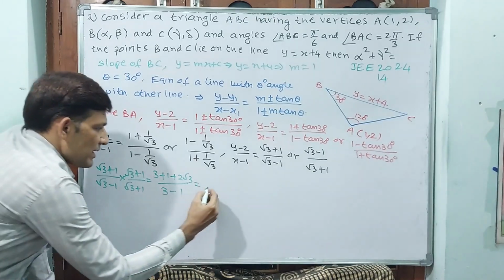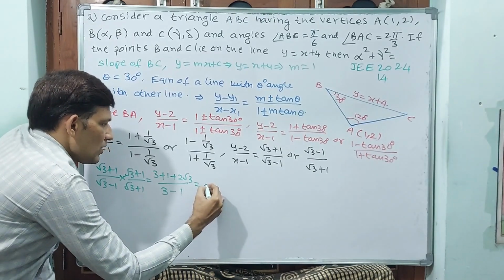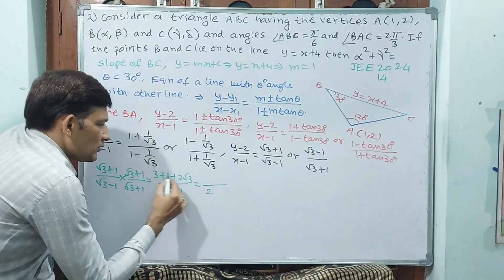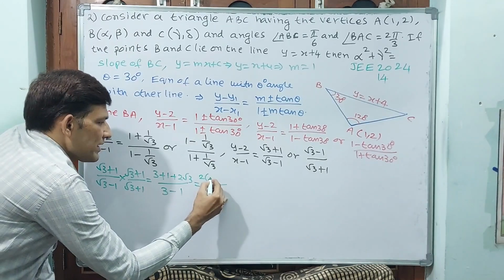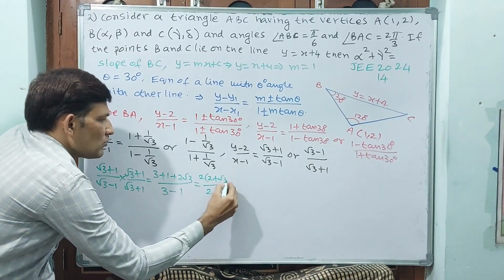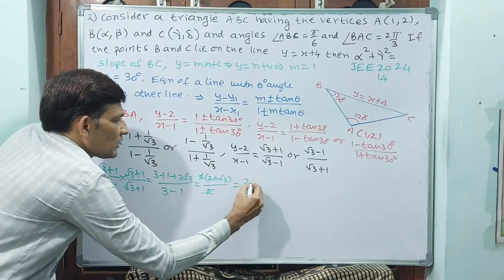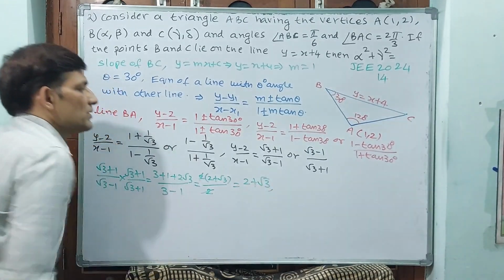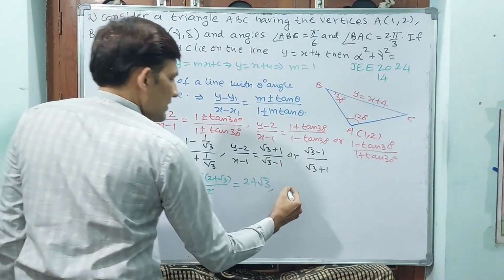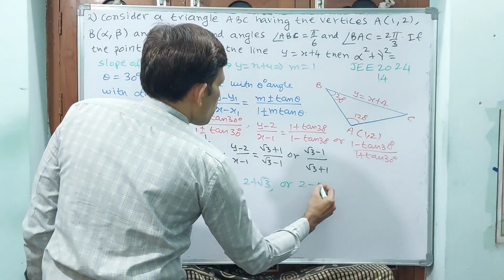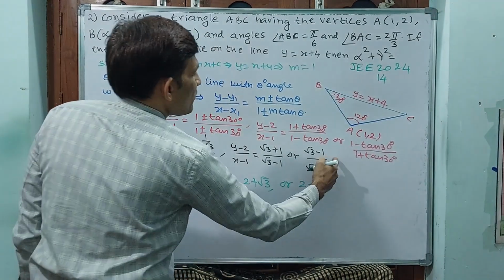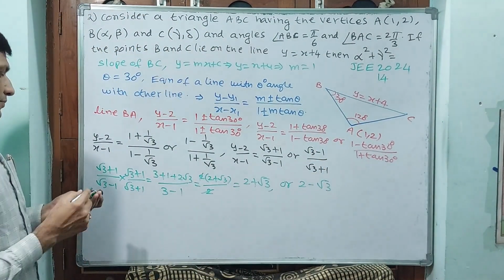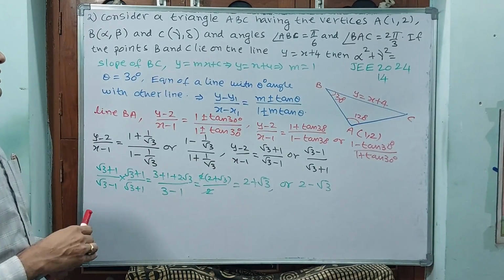That is equal to, see, 3 minus 1 is 2 in the denominator. Numerator also, 4 plus 2 root 3, means 2 common, 2 plus root 3. 2 will get cancelled. That means this is going to become 2 plus root 3. The remaining one is going to become 2 minus root 3. Understand?